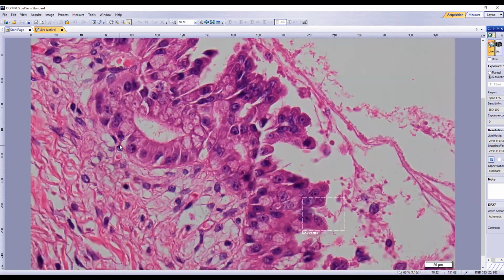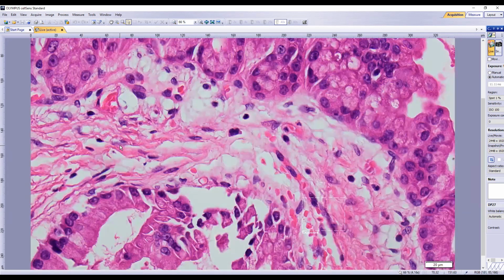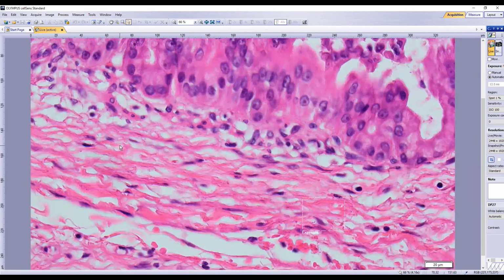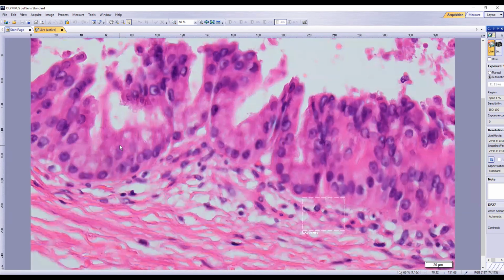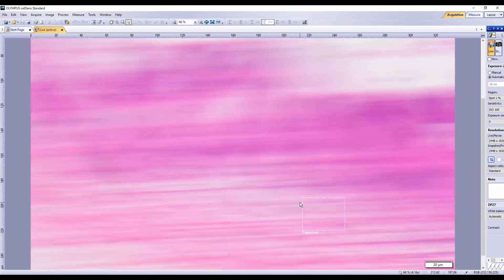So this is by default a high-grade lesion. Gastric and intestinal IPMNs you grade as low-grade and high-grade. The moment you see pancreatobiliary, it's considered high-grade by default. Look at these nuclei. Remember the gastric type, they were so basally located, much smaller than these. So this is pancreatobiliary IPMN.